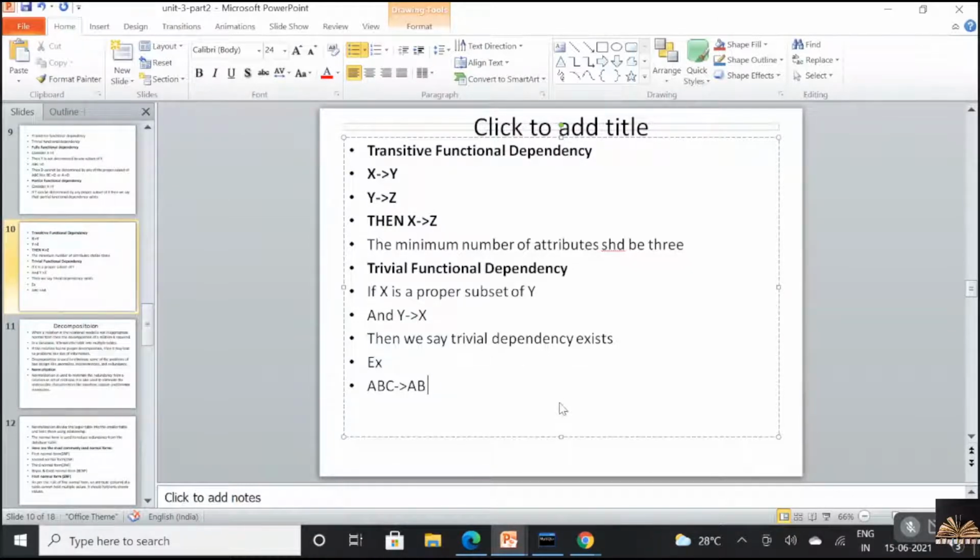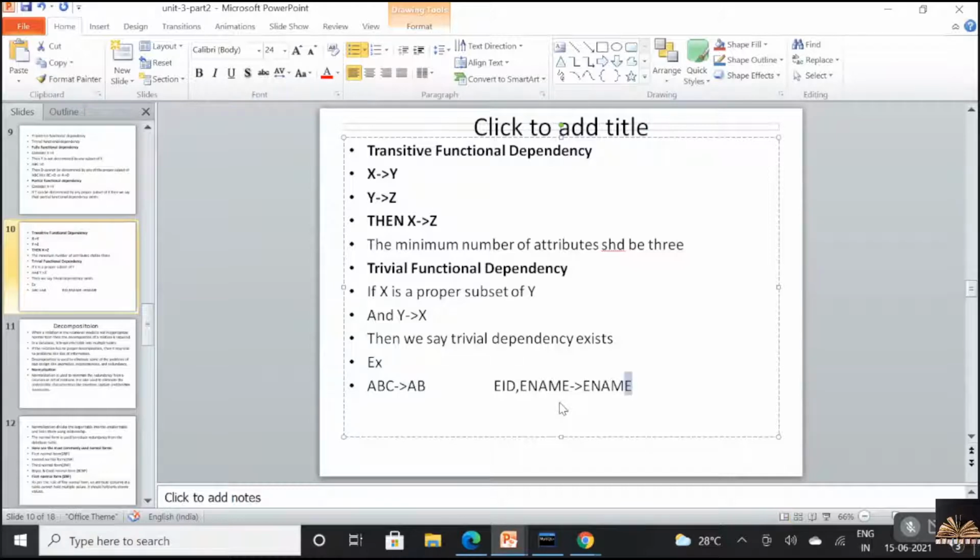So it's like EID, comma, ename determines ename.